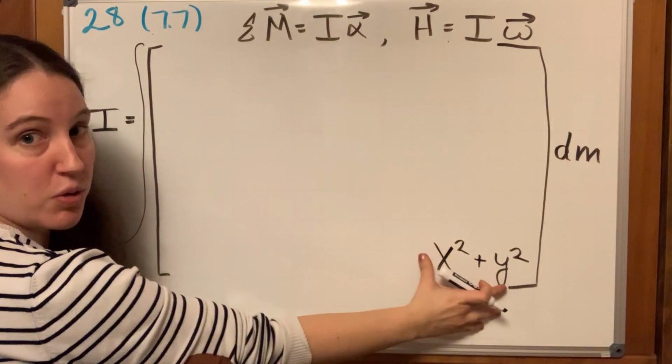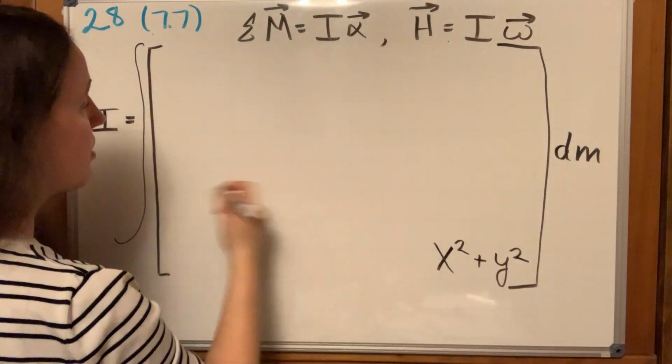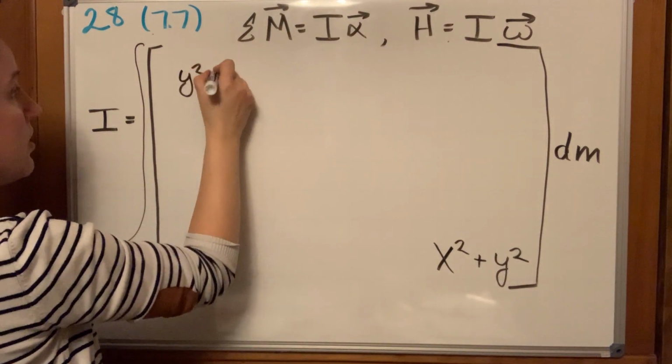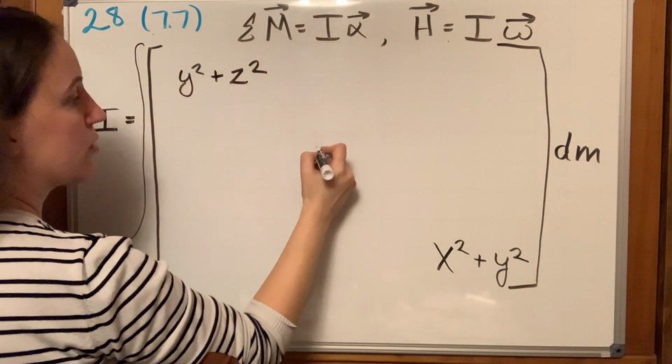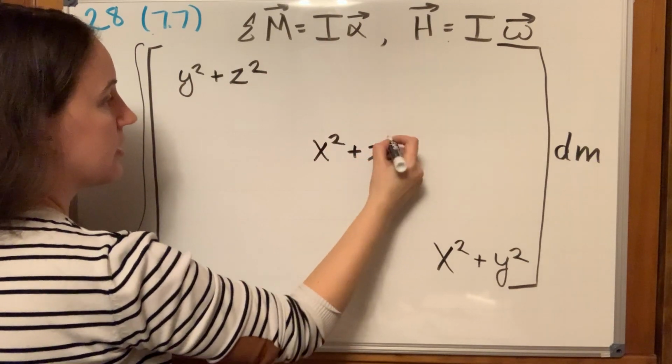And so this is going to give you some radius away from that z-axis. And similarly, you could get some radius from the x-axis with y squared plus z squared, and some radius from the y-axis with x squared plus z squared.